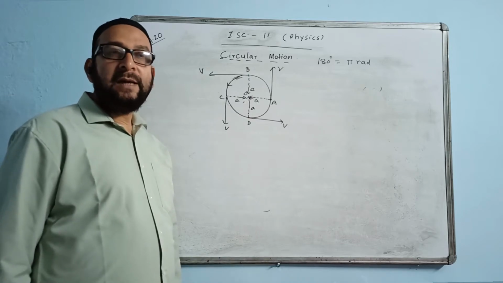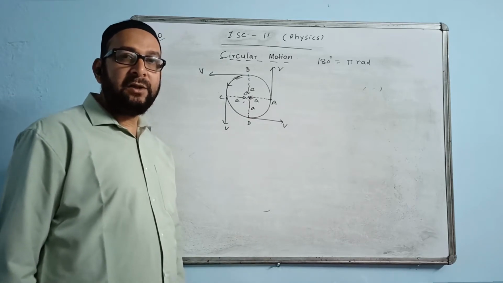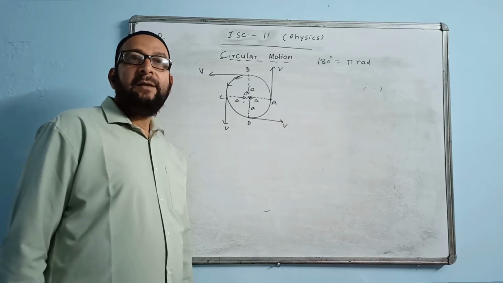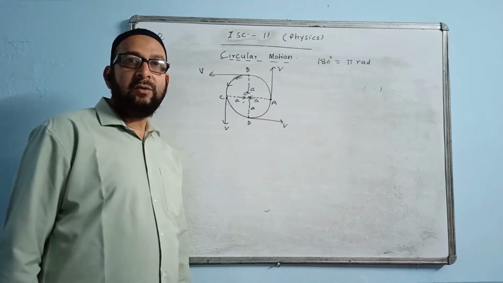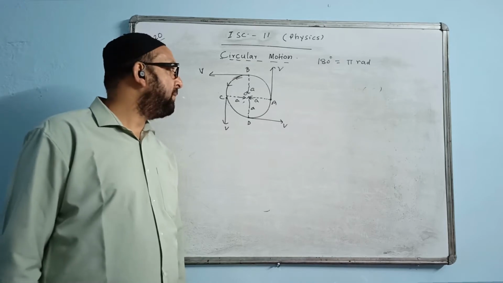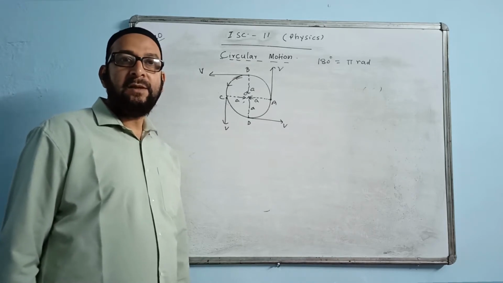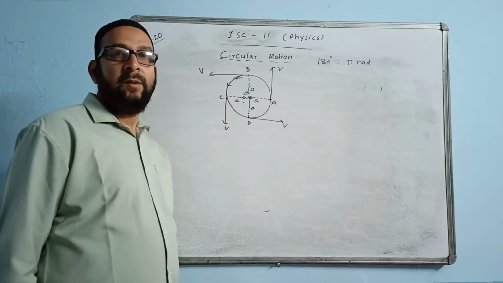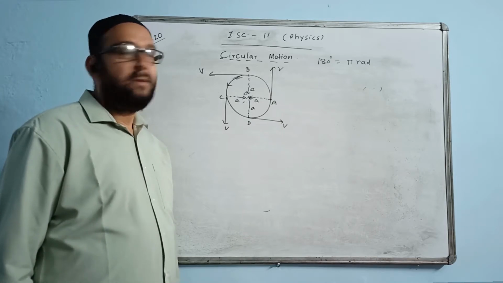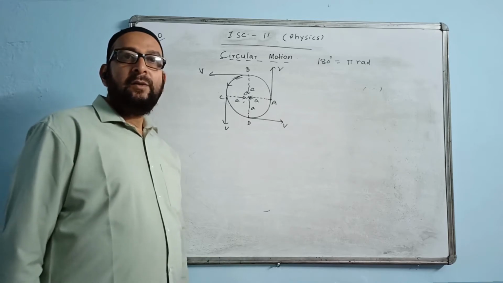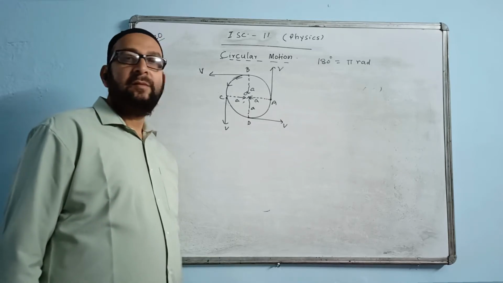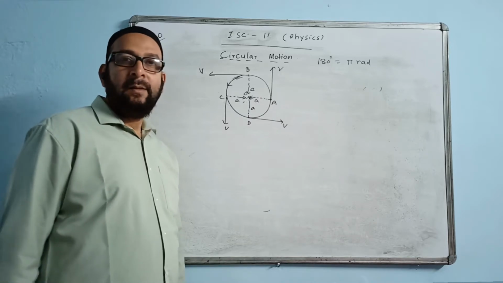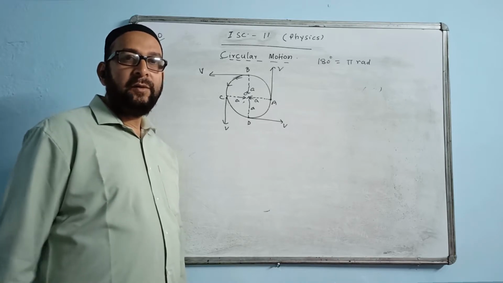When the acceleration is radial, then it does not have any tangential component to affect the magnitude of velocity.